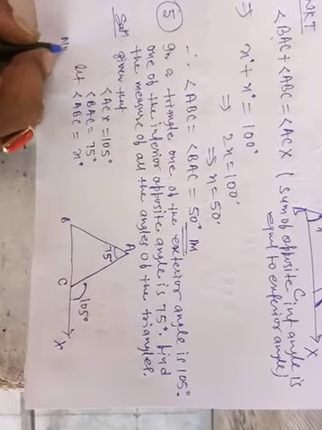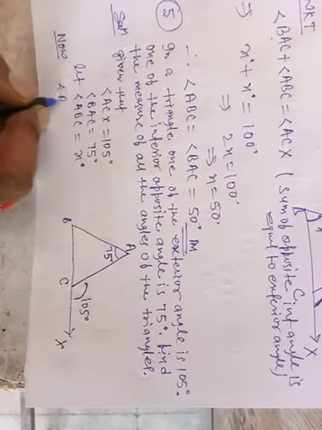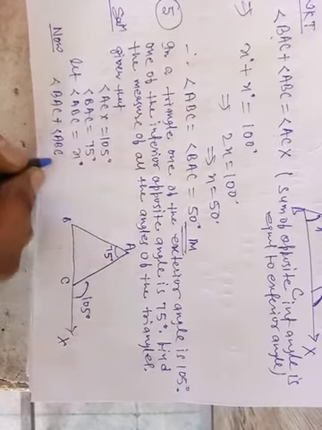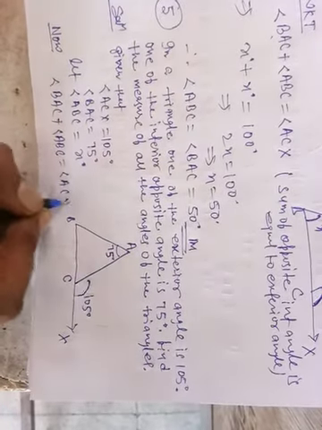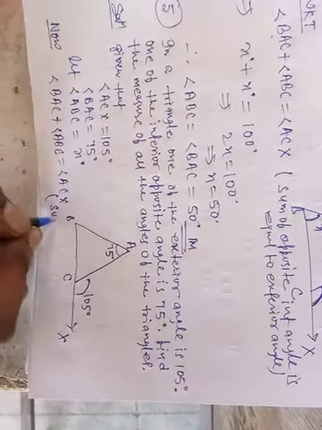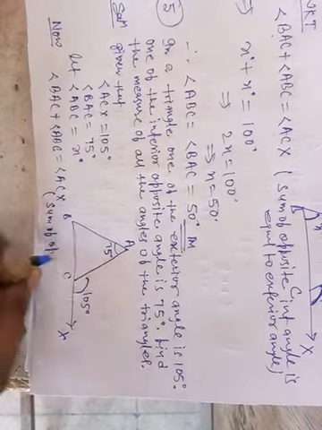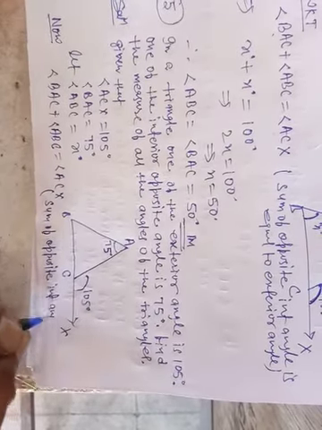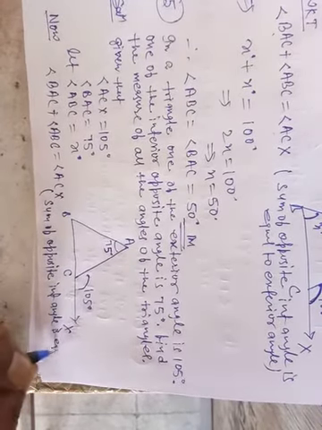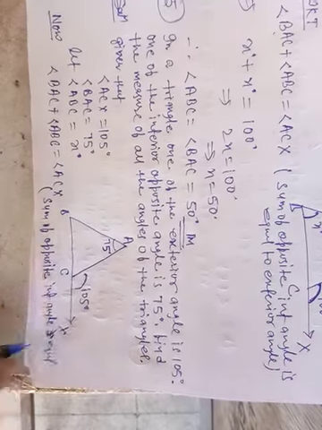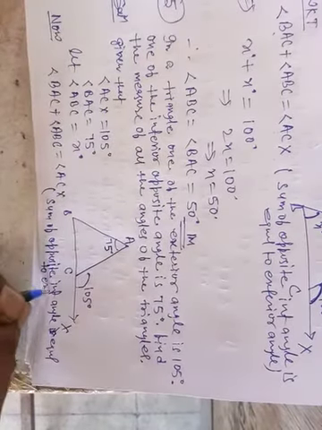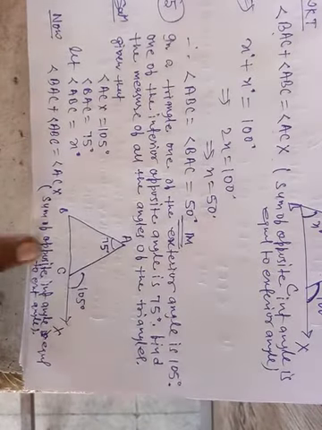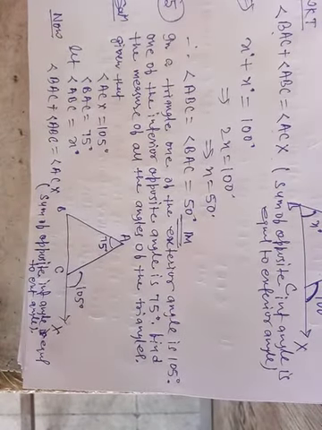Now angle BAC plus angle ABC is equal to angle ACX. By which property? Sum of opposite interior angles is equal to exterior angle.